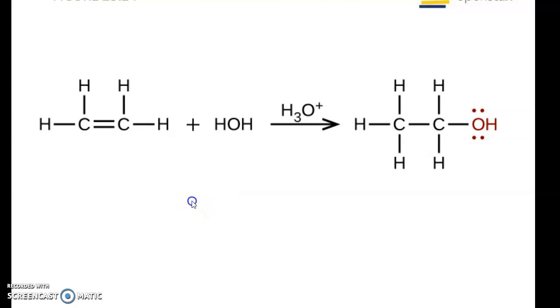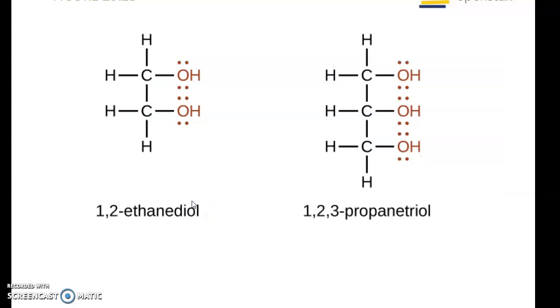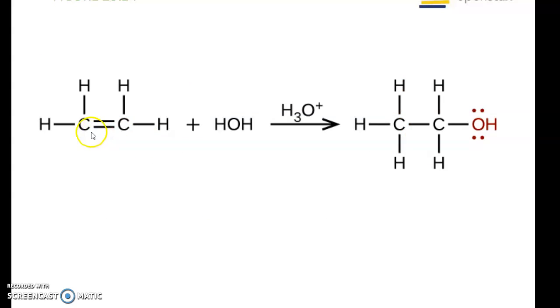Now, there are other alcohols that you can prepare as well. Remember, we have those double bonds that are very, very reactive. And if you take an acid with those and add water to it, you can break that double bond so you get a hydrogen off of one of these and a hydroxide off of the other so that it becomes an OH group.